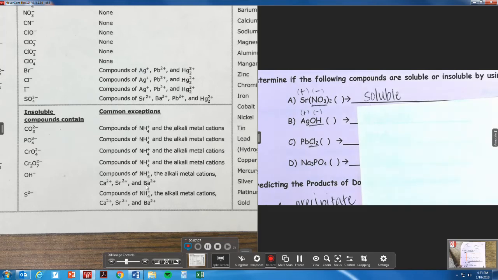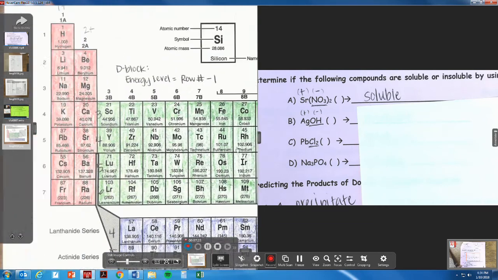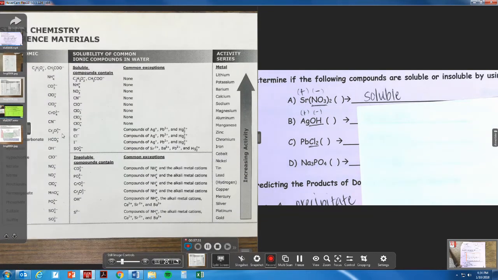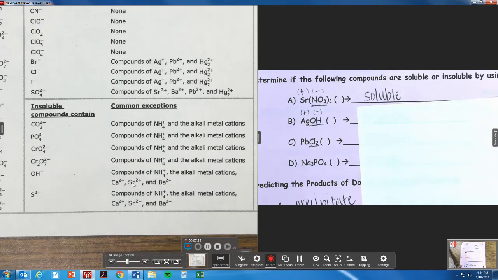Your answer should be no. Silver is not any of these exceptions. Now be careful, alkali metals are group 1 metals. On the front of your periodic table, your group 1 metals are these right here. All these group 1 elements are alkali metals. So let's go back to what we were doing. Silver hydroxide: silver is not one of these exceptions, so hydroxide would be insoluble.